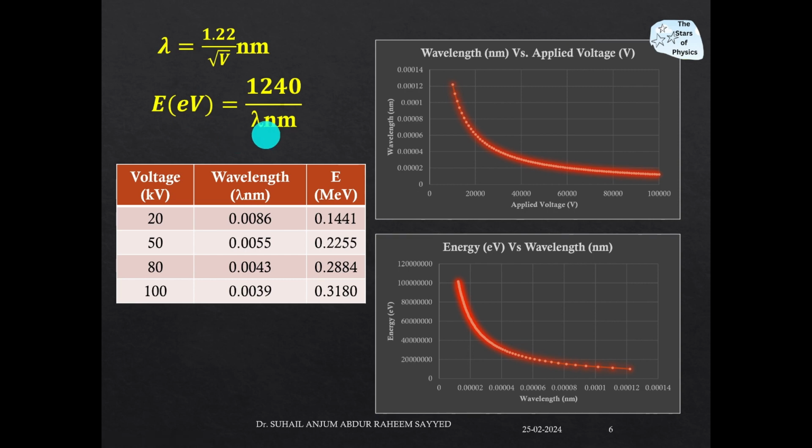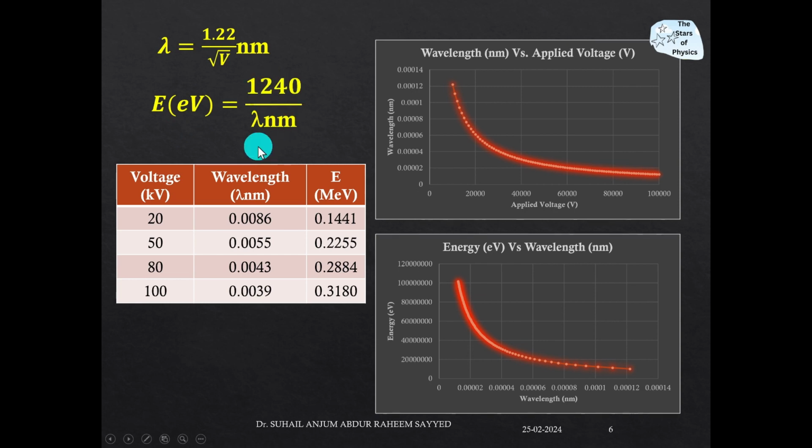Okay. So now by substituting different voltages here, say if we substitute capital V equal to 20 kV, that is 20,000 volt, then we will get lambda equal to 0.0086, and the corresponding energy in electron volt we can find with the help of 1240 divided by this lambda in nm.